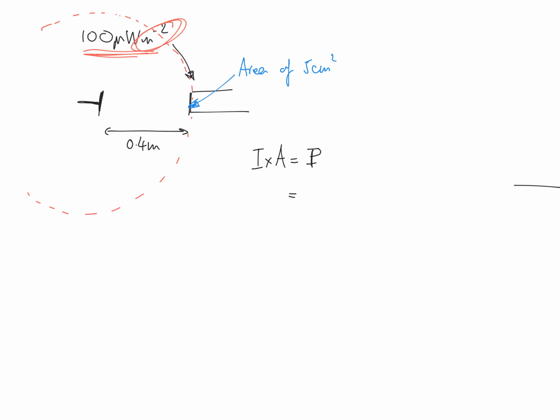In other words, we have 100 micro multiplied by 5 centimeters squared, so that gives us 100 micro multiplied by 5 over 100 squared, converting it from centimeters squared into meters squared, which gives us 0.05 microwatts that have fallen totally.